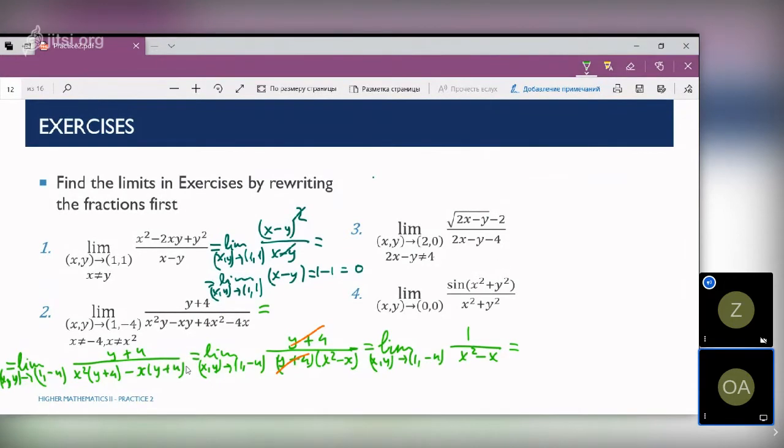One over 12. The answer is 1/12. Second one, the answer is 1/12. Okay, look at my example. Where did I have a mistake? 1/x squared minus x.